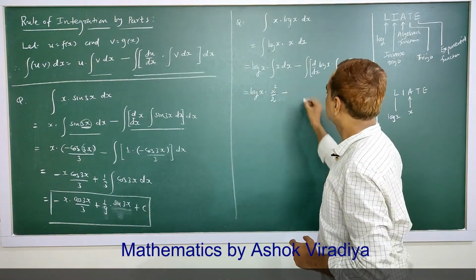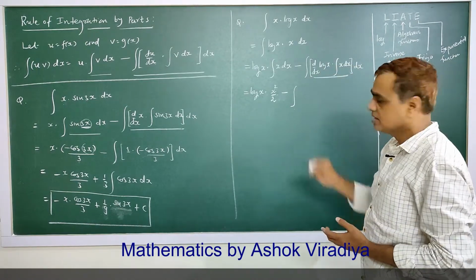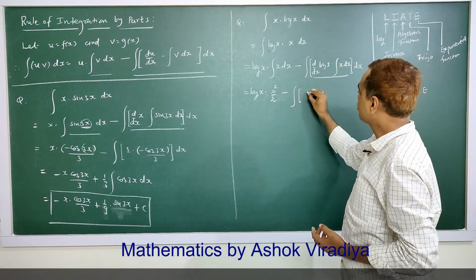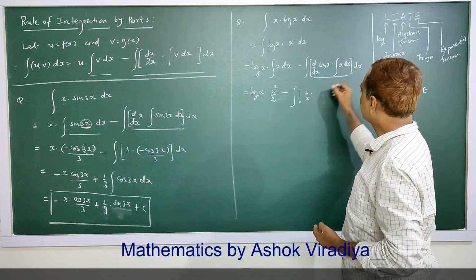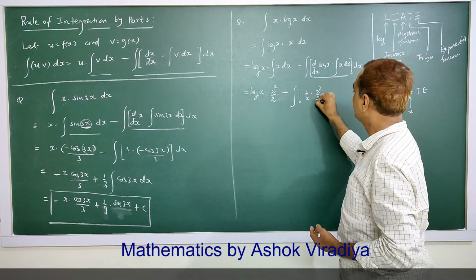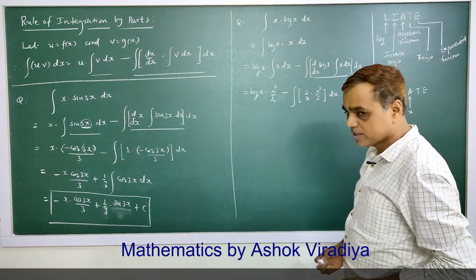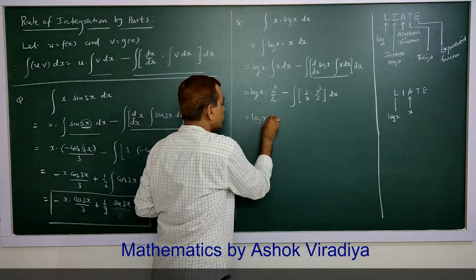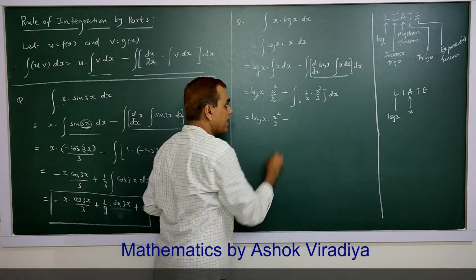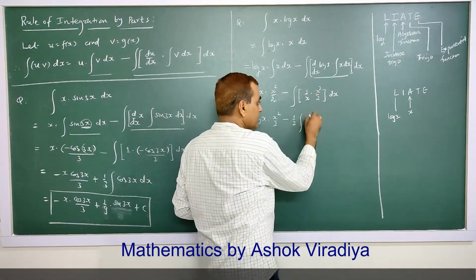Then minus integral of, first of all simplify this bracket. In this bracket, derivative of log x is 1 by x, integral of x is x square by 2, dx. So this is log x into x square by 2 minus 1 by 2, take outside, this is x.